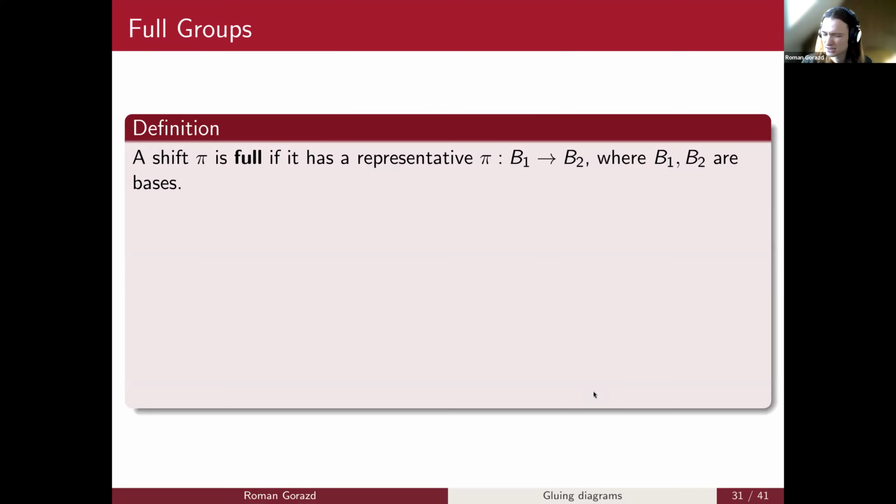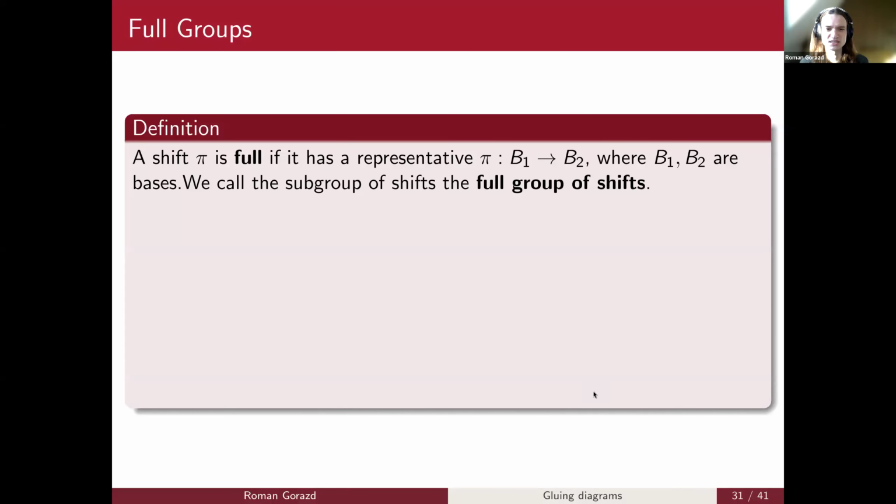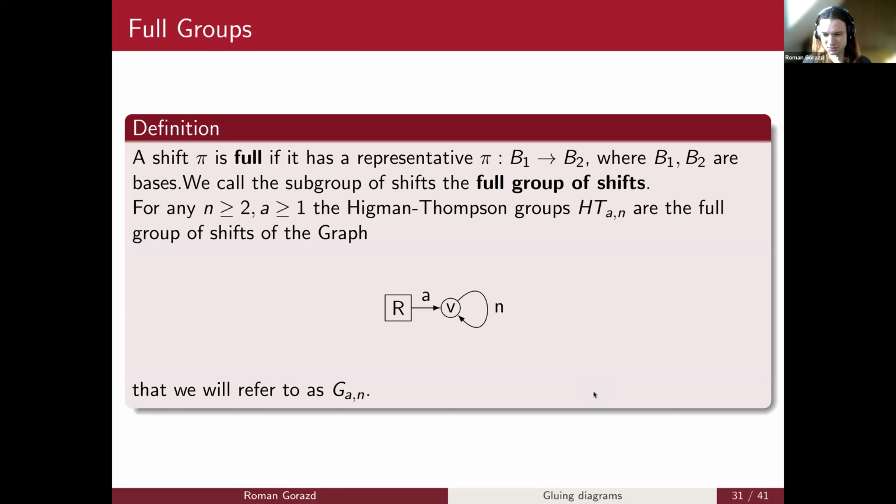I will be doing it in the vein of Scott. So I will define full groups to be simply the subgroups of the pseudogroups of shift that are full, i.e. have a representative that goes from a basis to a basis. And I won't prove it, but it is in fact a group.